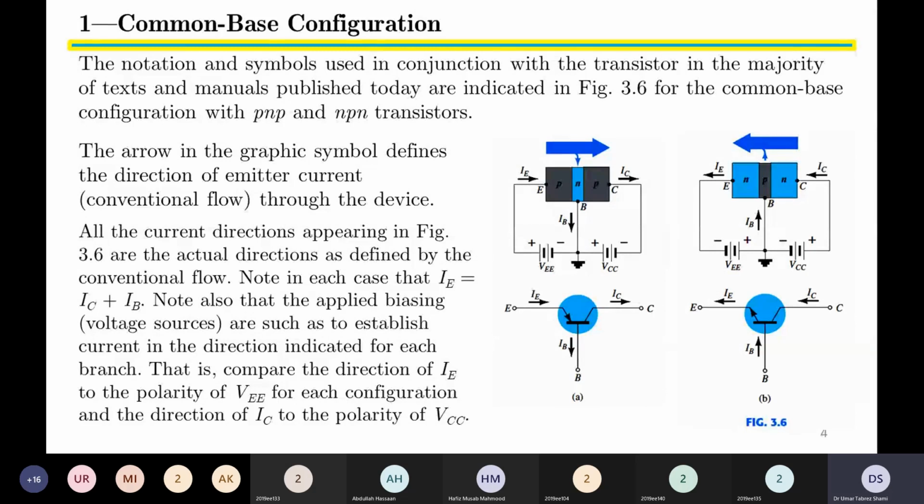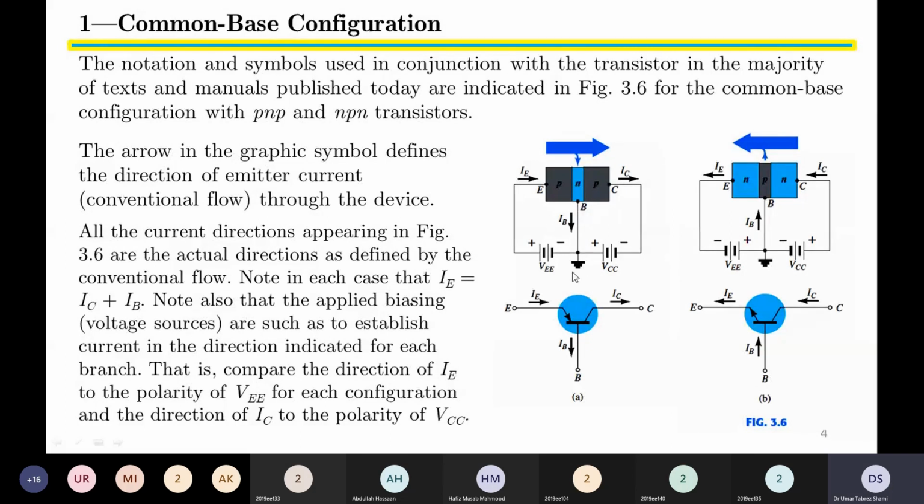Figure 3.6, part A, is further divided into two parts. The first part shows the three-layer based transistor symbol, and the second part shows the traditional transistor symbol used for common base configuration. So what is the common base? Why is it called common base? Why is the base common?